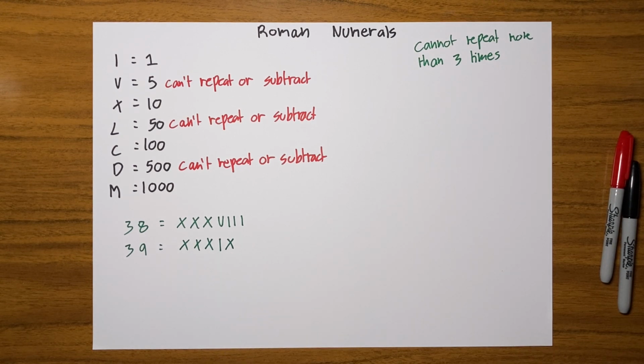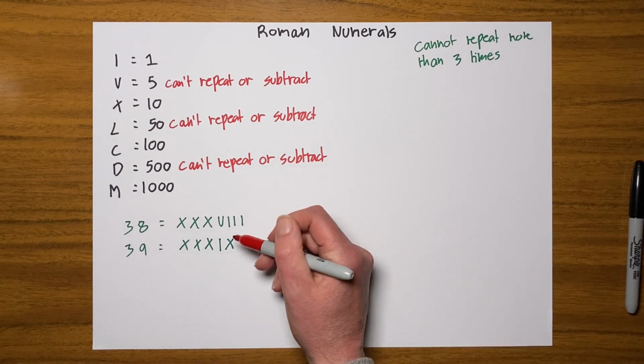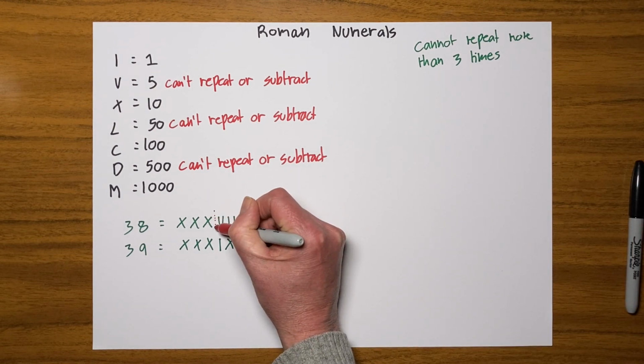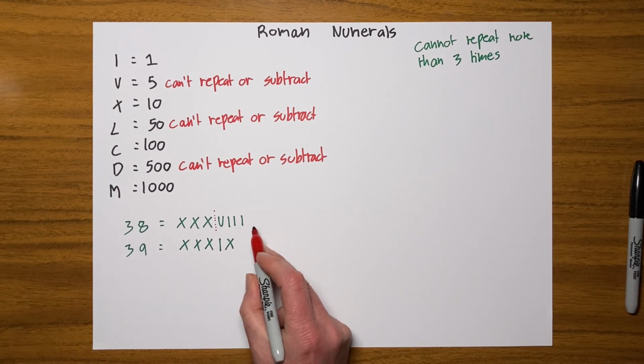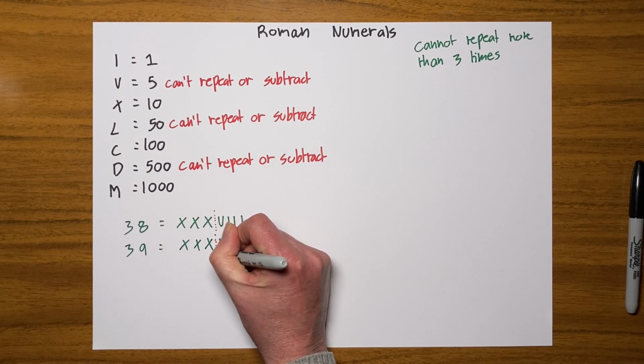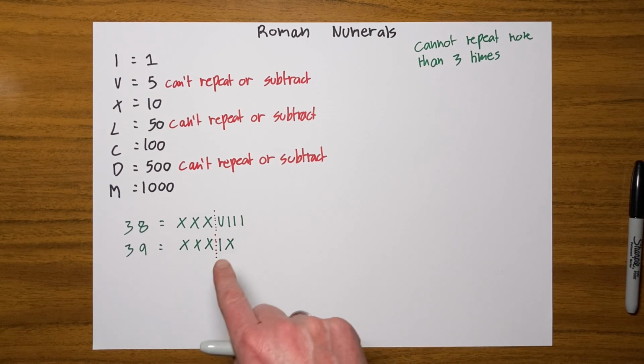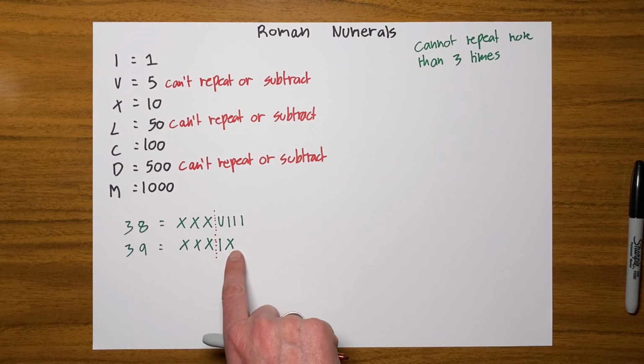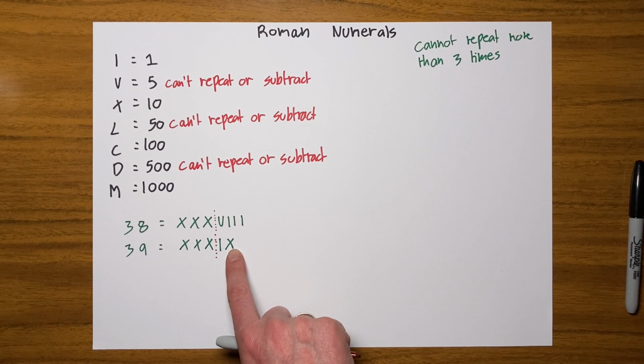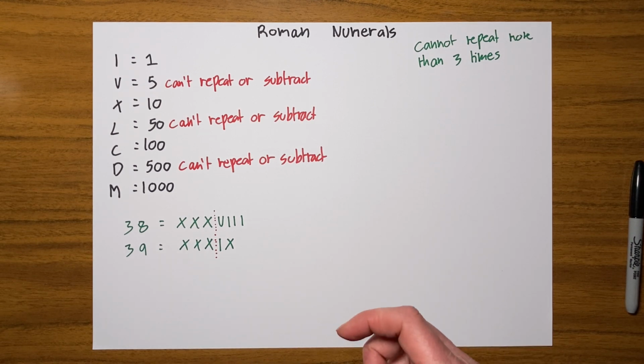Another way that's quite useful, I find, is the Romans were quite careful about their place value, believe it or not. So you can imagine drawing a little line down here, and I've got 30, and then I've got 8. And here, I've got 30, and then I've got 9. So don't start thinking that's 31 and then another 10 to give you 41. You'll get in all sorts of trouble.